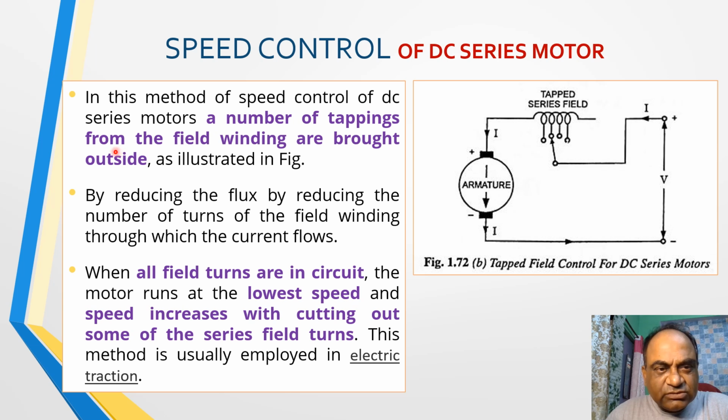In this method, a number of tappings from the field winding are brought outside, as illustrated in the figure, to reduce the flux by reducing the number of turns of the field winding through which the current flows. When all the field turns are in the circuit, the motor runs at the lowest speed, and speed increases with the cutting out of some of the series field turns. This method is usually employed in electric traction.